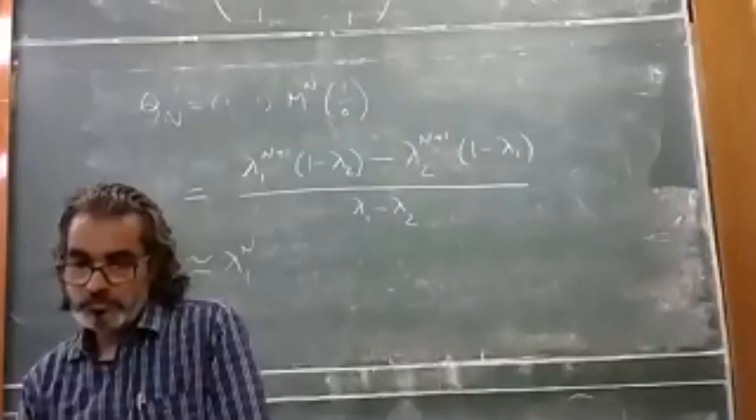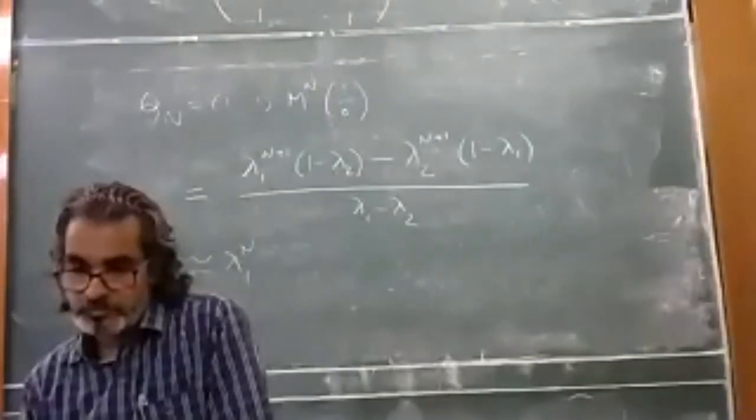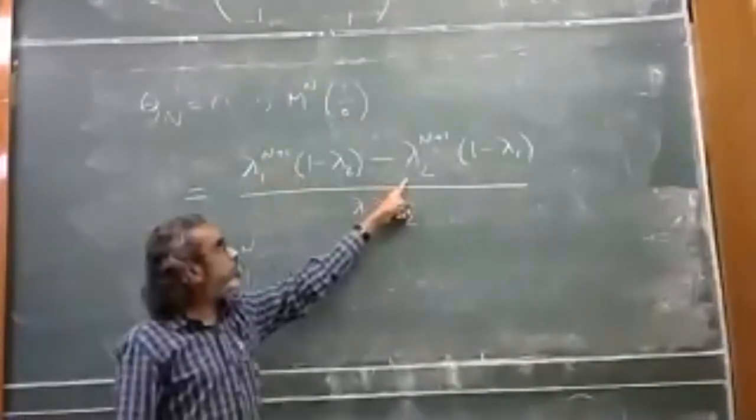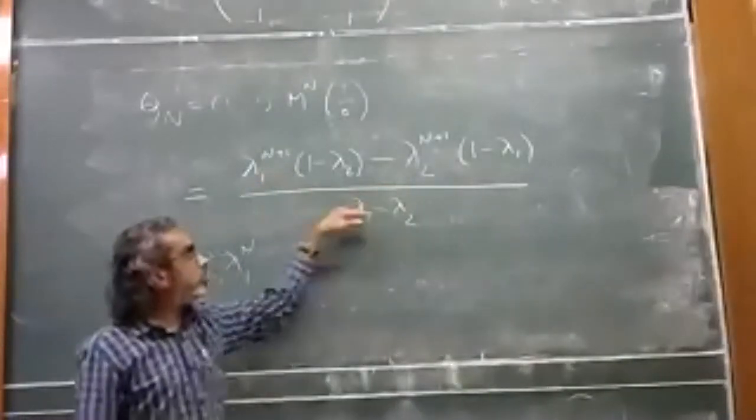I'm not doing much. I have written just one expression. M is a diagonalized matrix with eigenvalues lambda 1 and lambda 2. If you simplify that matrix multiplied n times, you'll get a single expression for Qn in terms of lambda 1 and lambda 2. You see the overall power lambda 1 to the n plus 1, and lambda 2 to the n plus 1.